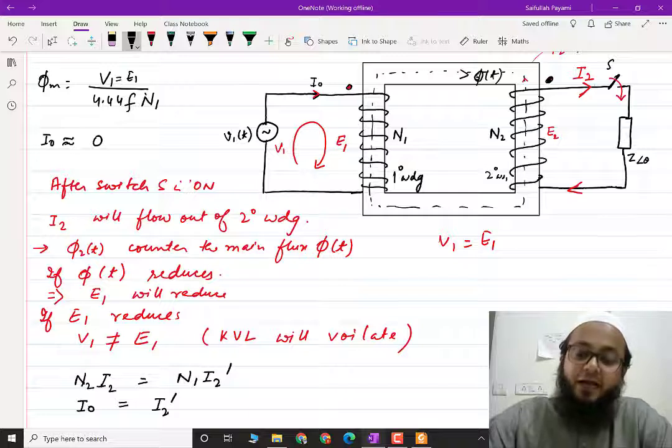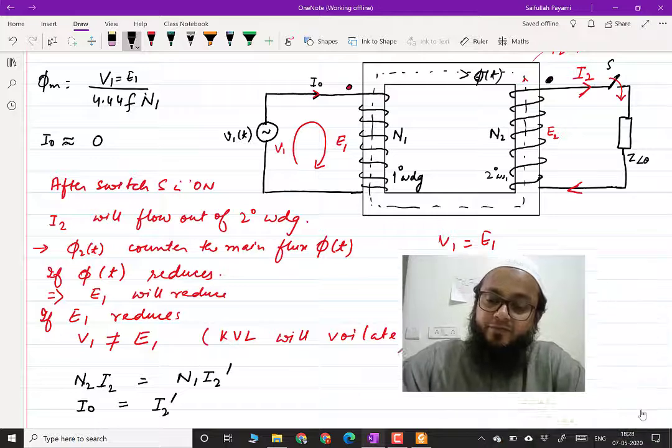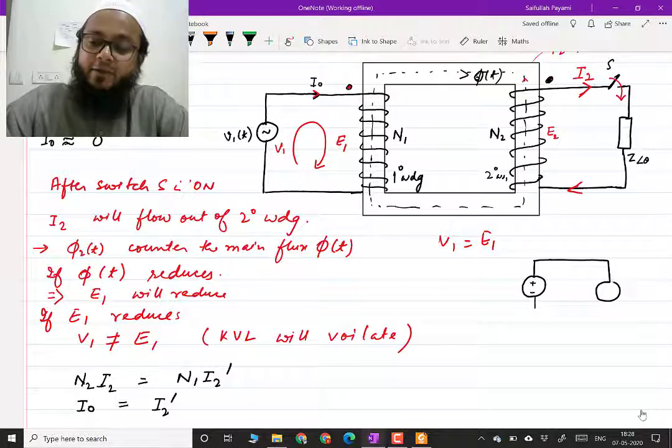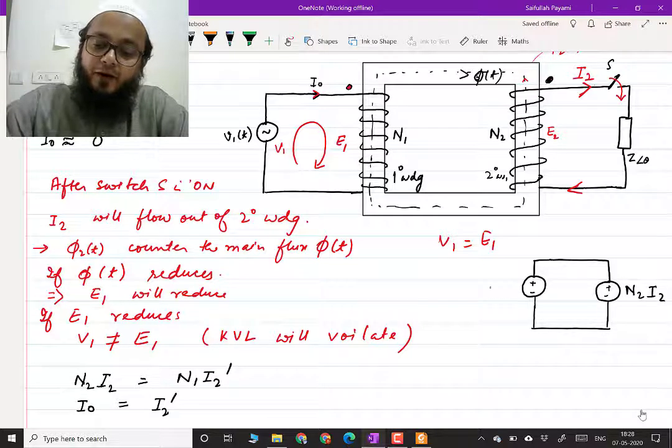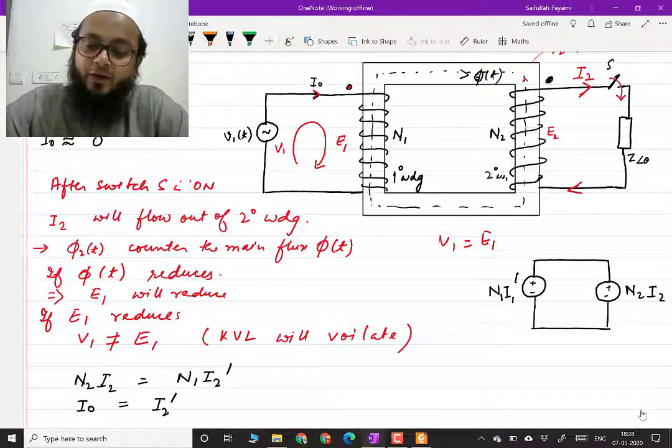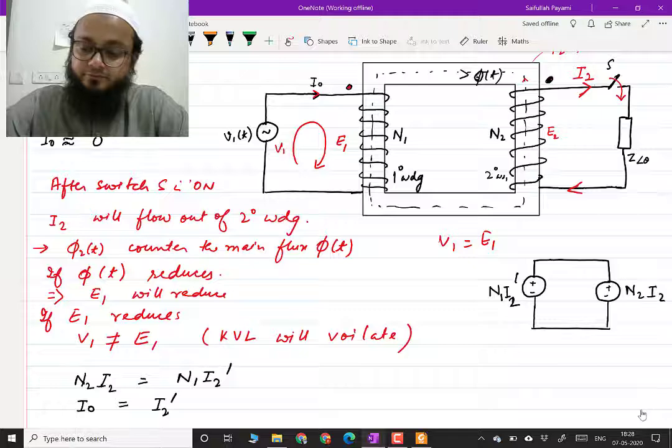So if I try to draw the MMF, and reluctance obviously is almost zero, so if the secondary MMF was N2 I2, the primary MMF would be equal to N1 I1 dash, or sorry, N1 I2 dash.